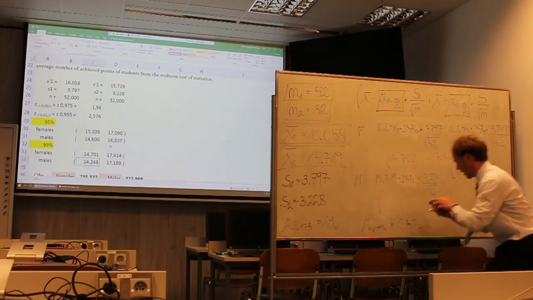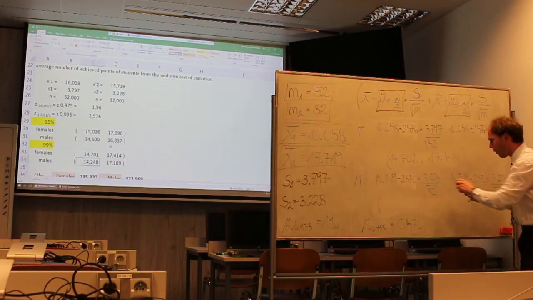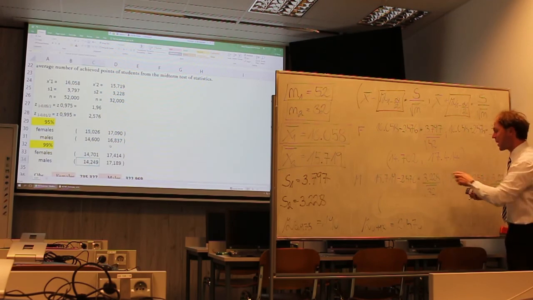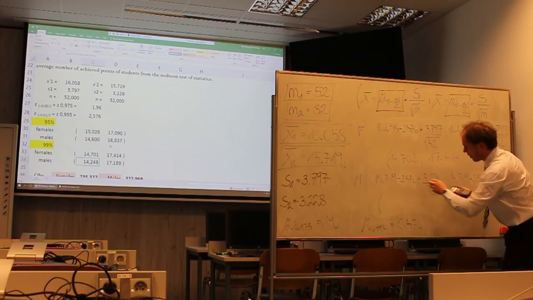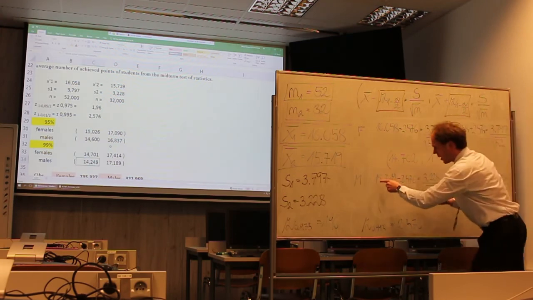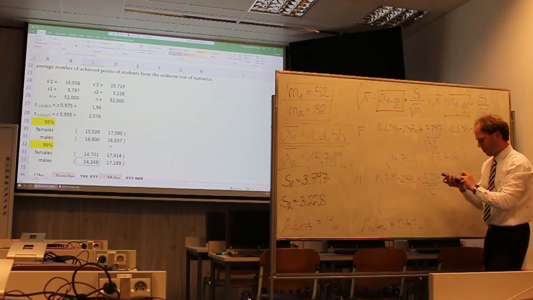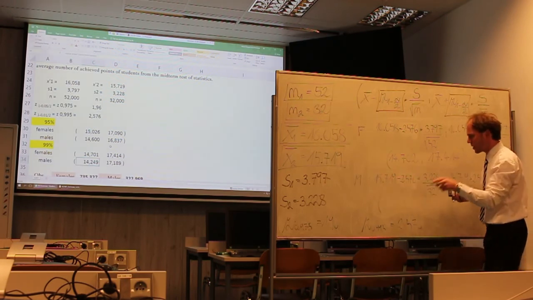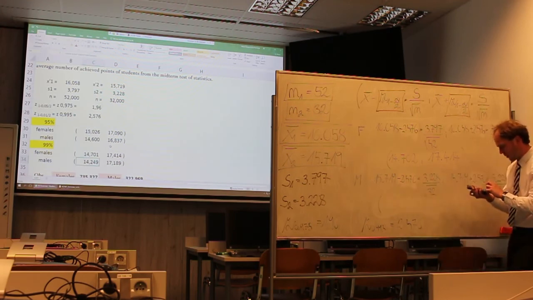So left side: 3.228 divided by square root of 32 boys times this quantile 2.576, 15.719 minus this value, left side 14.249.